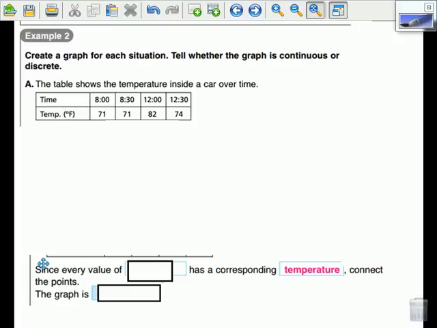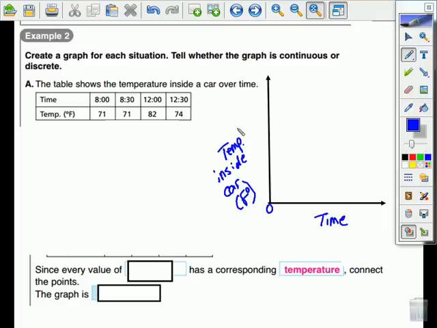They want us to create a graph for each situation, tell whether it's continuous or it's discrete. The table shows the temperature inside a car over time. So we need to go ahead and create an XY axis, and I'm going to pause it right here so that I can do that. Okay, as you can see, I've drawn an XY axis, and my x-axis is going to represent the time. My y-axis is going to represent the temperature, in degrees Fahrenheit, inside the car.